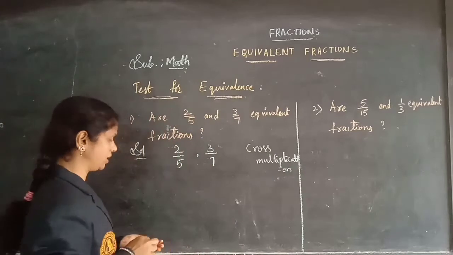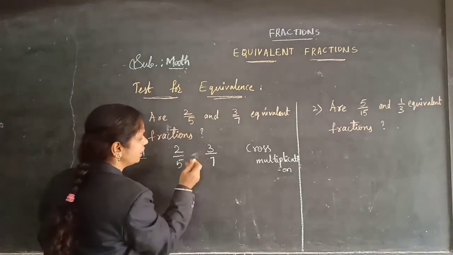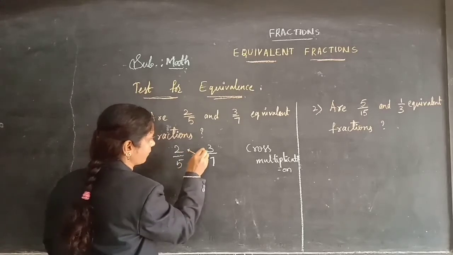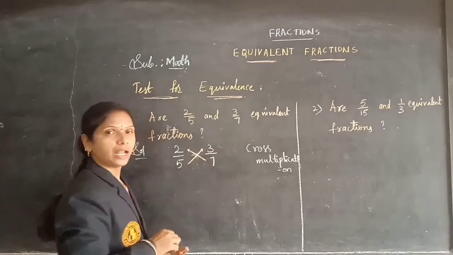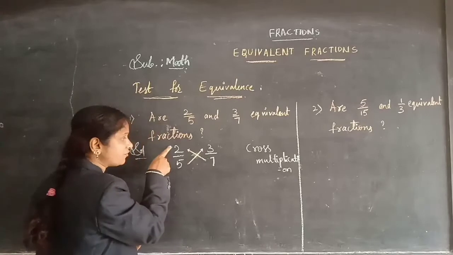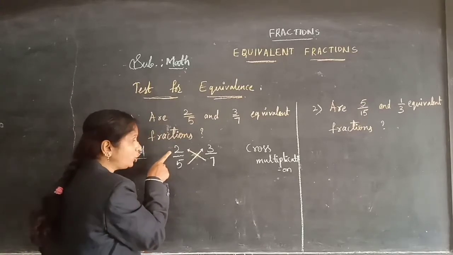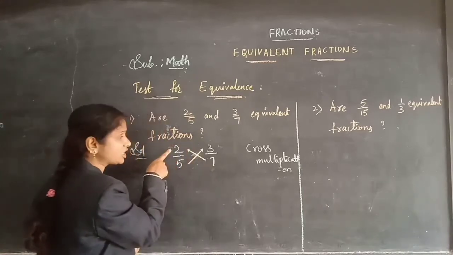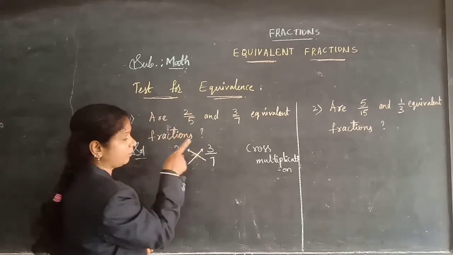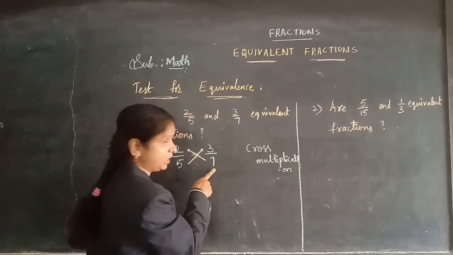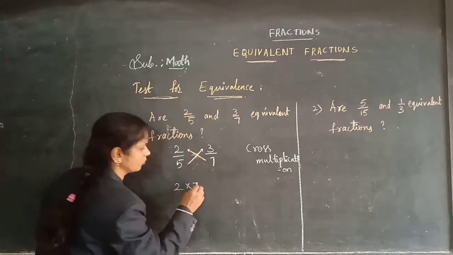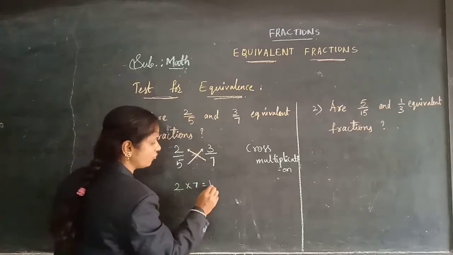Cross multiplication, children. See this method. First fraction numerator you need to multiply by the second fraction denominator, means 2 into 7. 2 7s are 14.